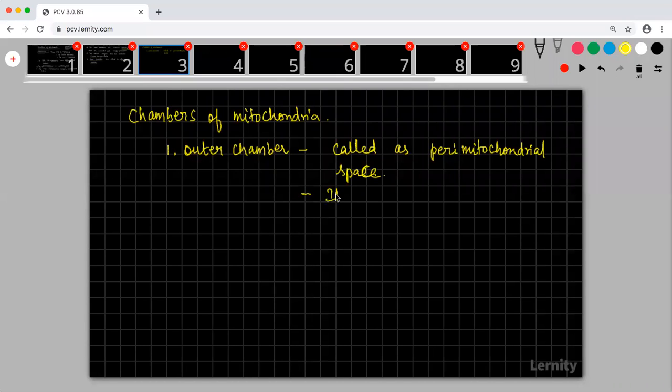It contains enzymes such as adenylate kinase and diphosphokinase.